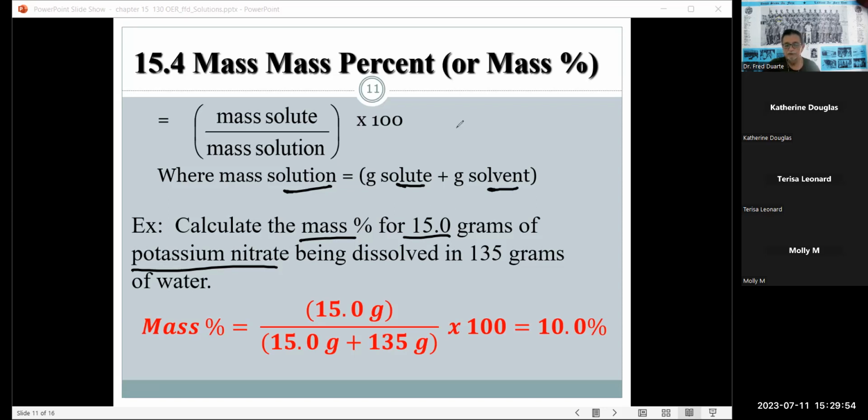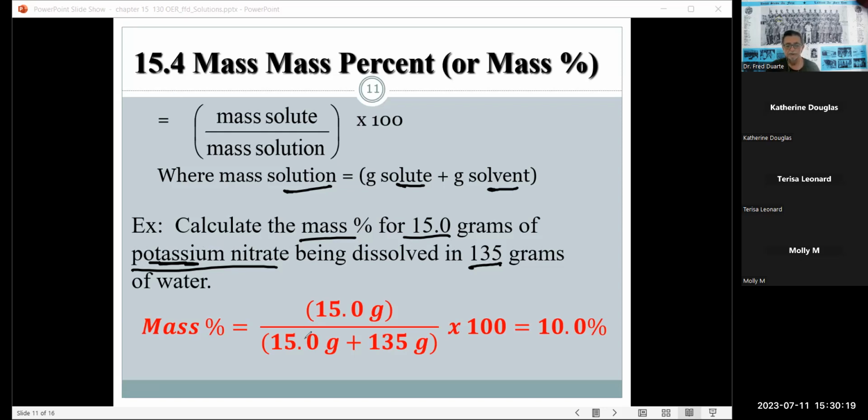So we're going to take 15 grams of potassium nitrate, and then we're going to dissolve that in 135 grams of water. And we know it's going to dissolve. Why? Because we're using potassium. If you refresh your memory in the solubility rules, potassium is part of the big four I talked about, number 1 in the solubility column. So anything with potassium is soluble.